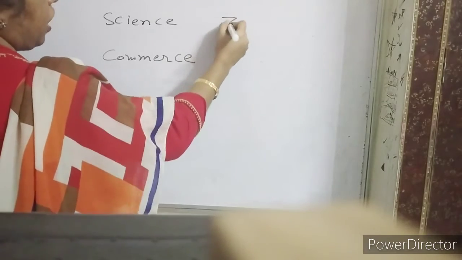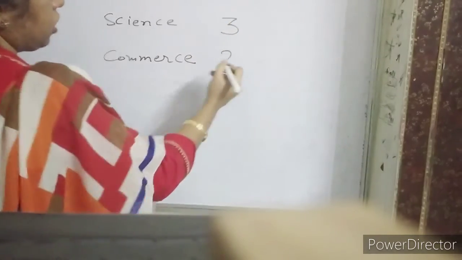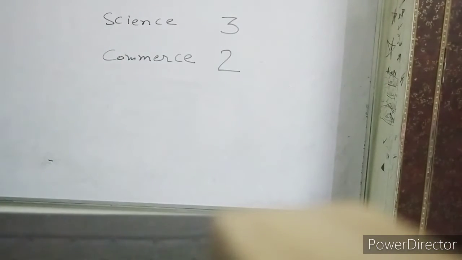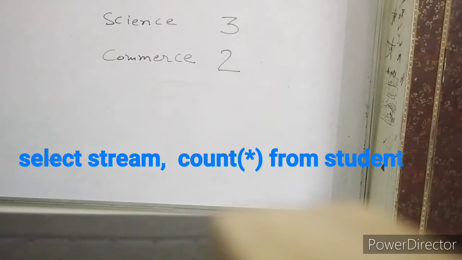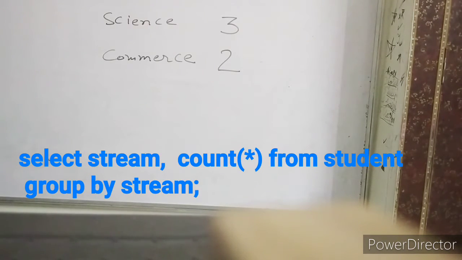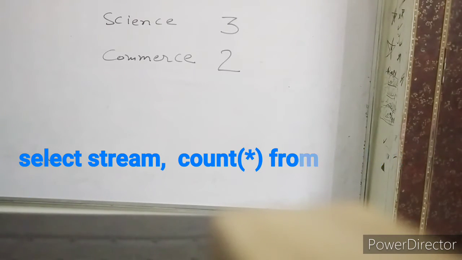What is the count of science? I think 3. And what is the count of commerce? 2 in the table. Check in your table which I have drawn earlier. Clear, I think? Select stream, comma, count ADMNO from student group by stream.